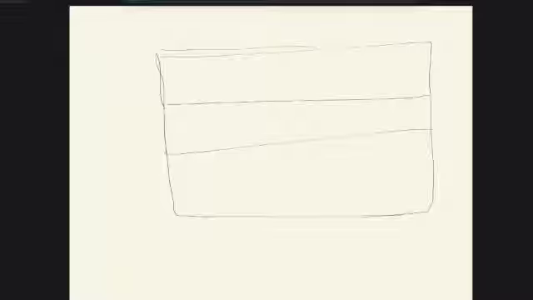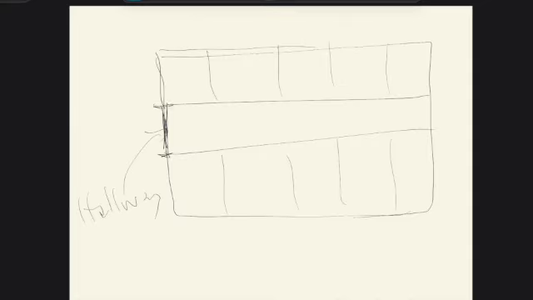Then you have classrooms, and this is the hallway. How wide should this be to accommodate the students? So this is a classroom. This is also a classroom. And so forth. All these are classrooms.